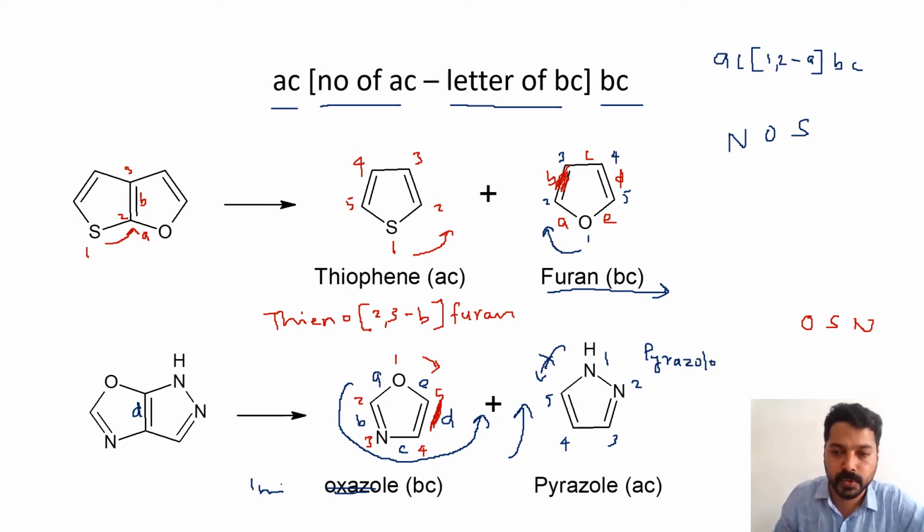Okay, now in a square bracket, the attached component numbers. Because A, B, C is moving in this way, the numbers corresponding to pyrazole are 4 and 5.